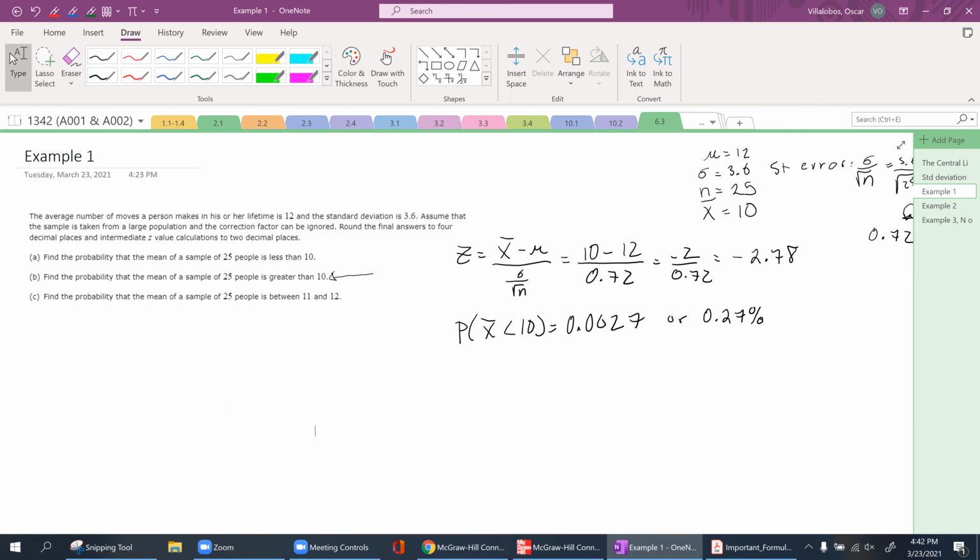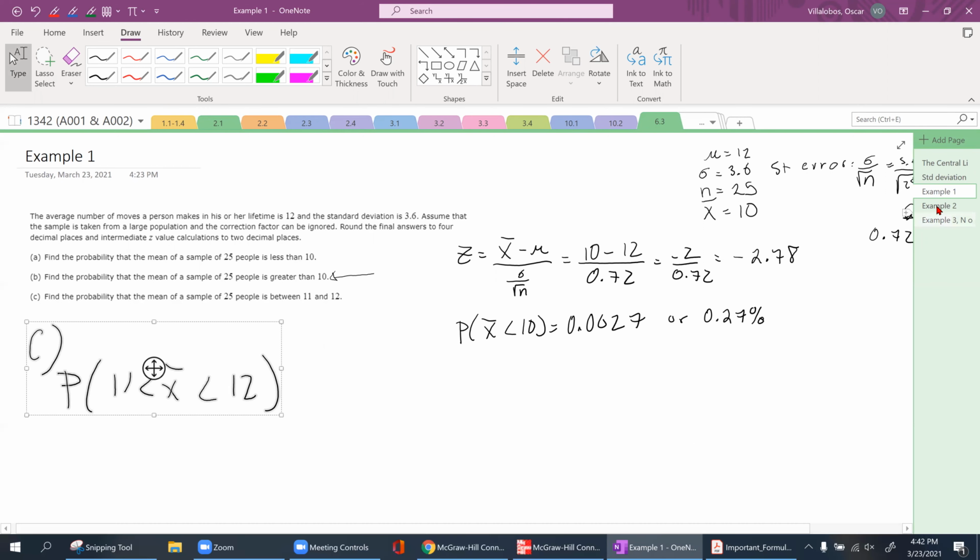And then if you're bounded between two values, between 11 and 12, you find those z-values and do the large one minus the small one. So in other words, you're finding the probability that x bar is bounded between 11 and 12. That's the one for part C.